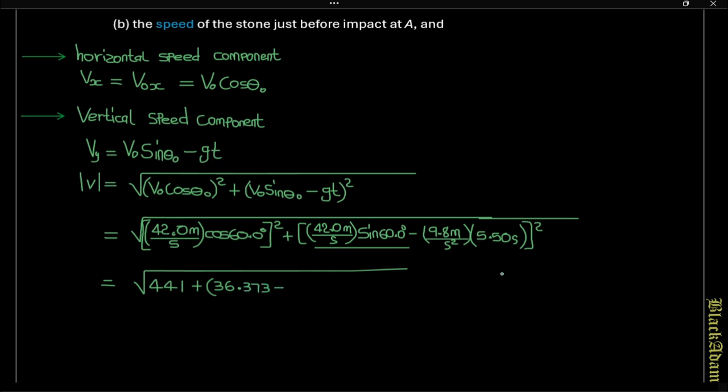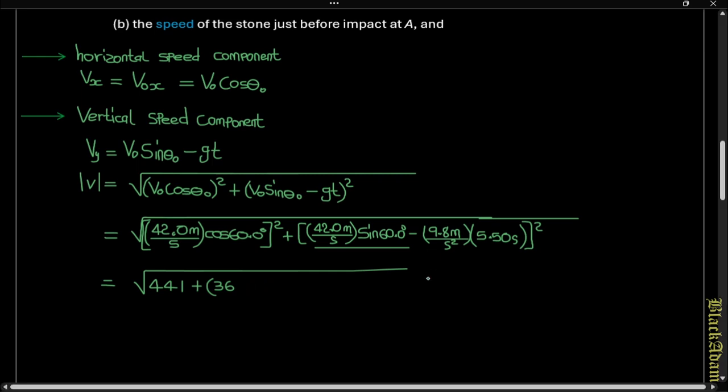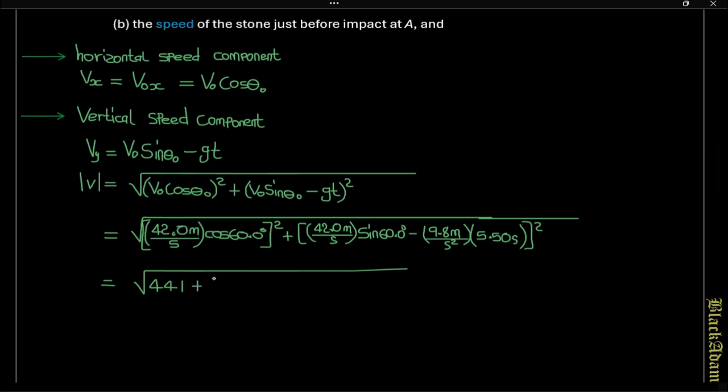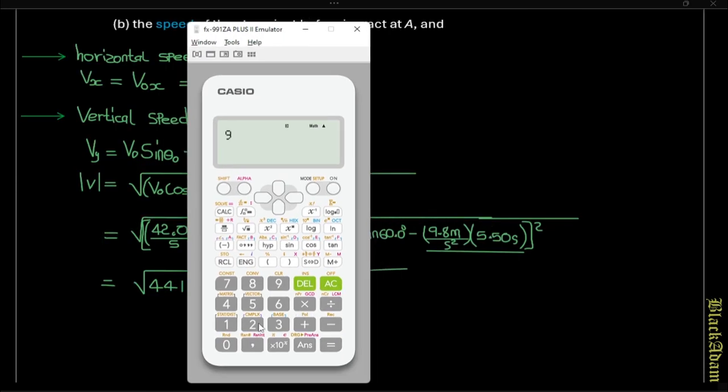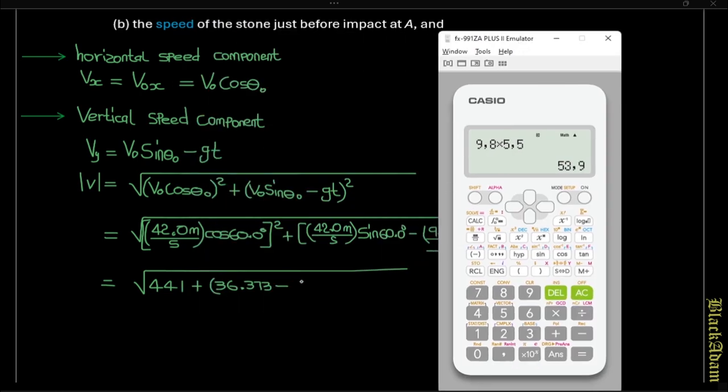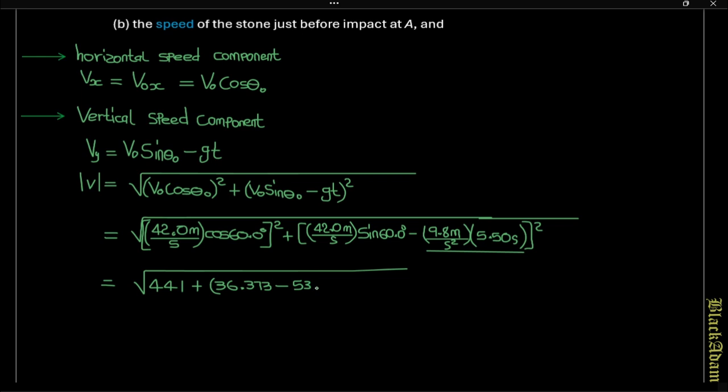that's going to be 36.373 minus, we need that part there, which is going to be 9.8 multiplied by 5.5, gives us 53.9, and all of that squared.